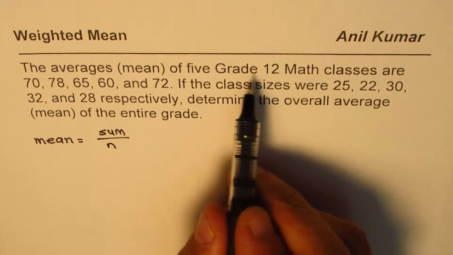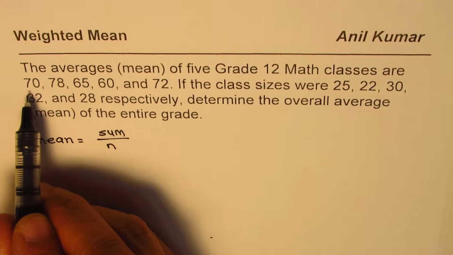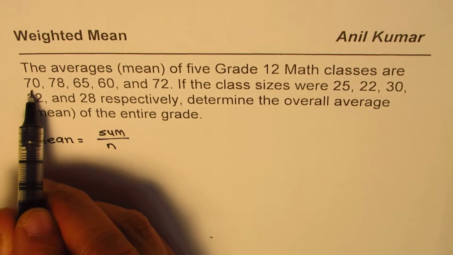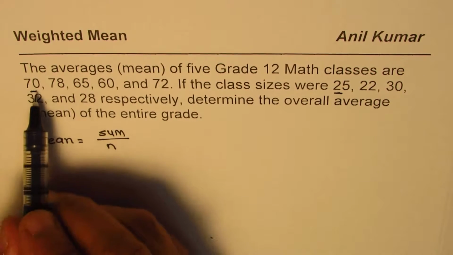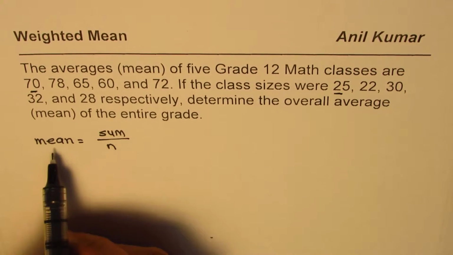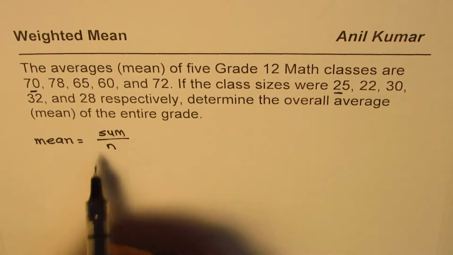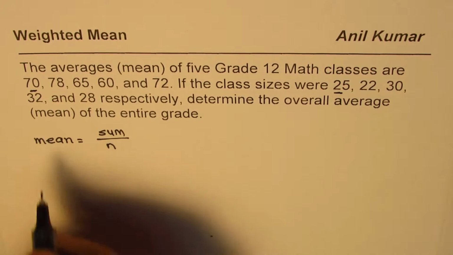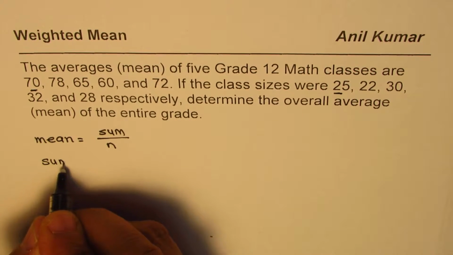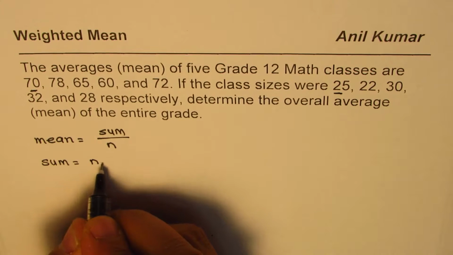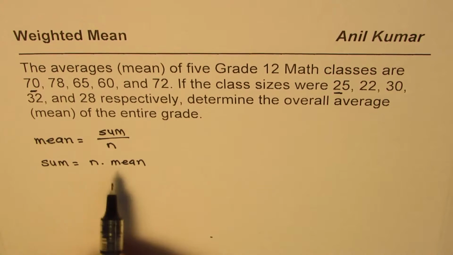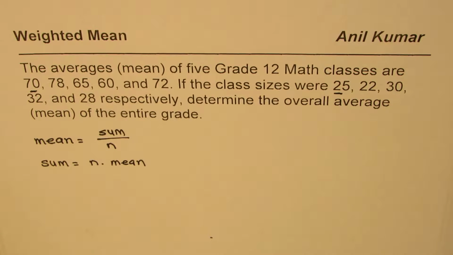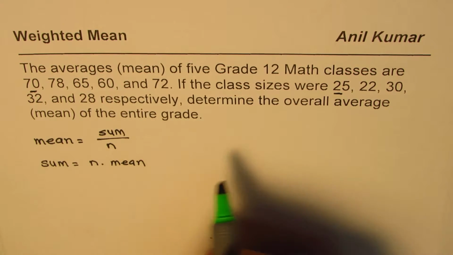When we are given that 70 is the average mean and 25 is the number of students, then the sum will be equal to n times the mean value. Is it okay? So that is a strategy which we have to use to find the mean of the entire grade.